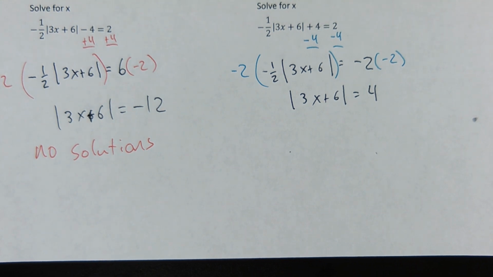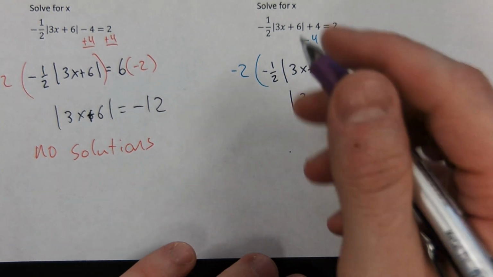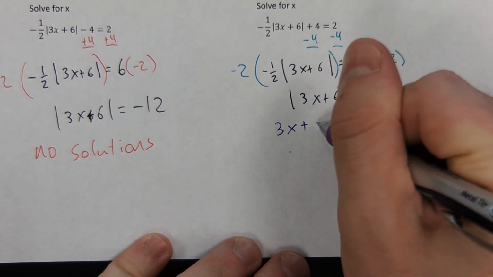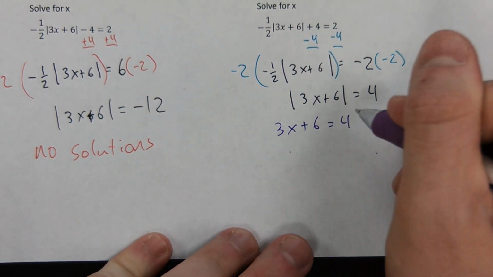Since it's possible, we set up our positive case and our negative case just like we've been doing in the previous examples, where the best case scenario is that that number on the inside was positive. And if it was positive, the absolute value bars won't do anything.